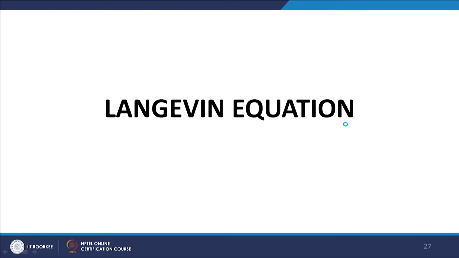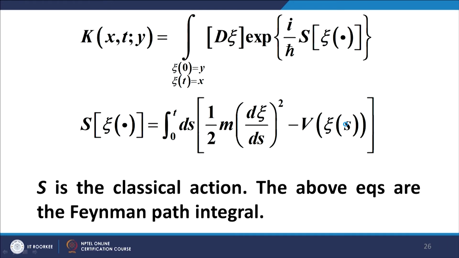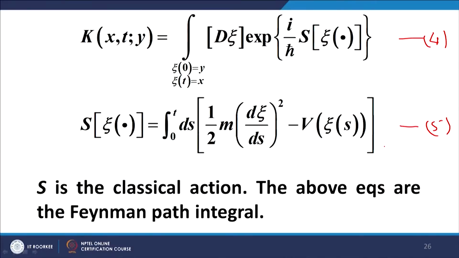So, that is our Feynman path integral. In fact, let us call this equation 4; equation 4 and equation 5 together constitute the framework of path integration that is extended and applied in quantum mechanics and in quantum field theory. S is the action and this represents the path integral, which is either the kernel or the Green function.